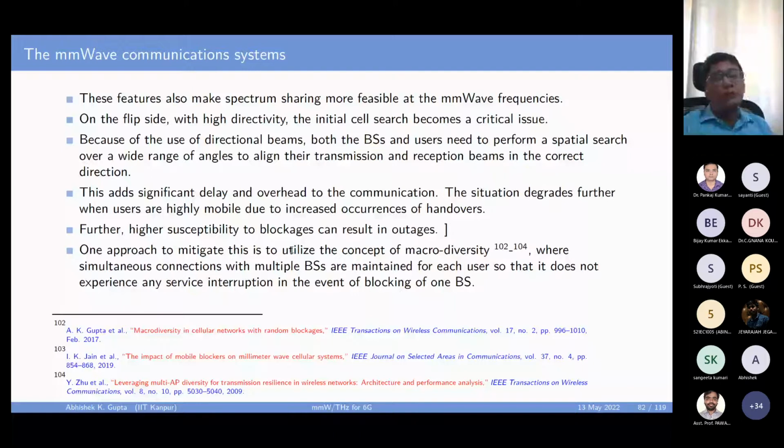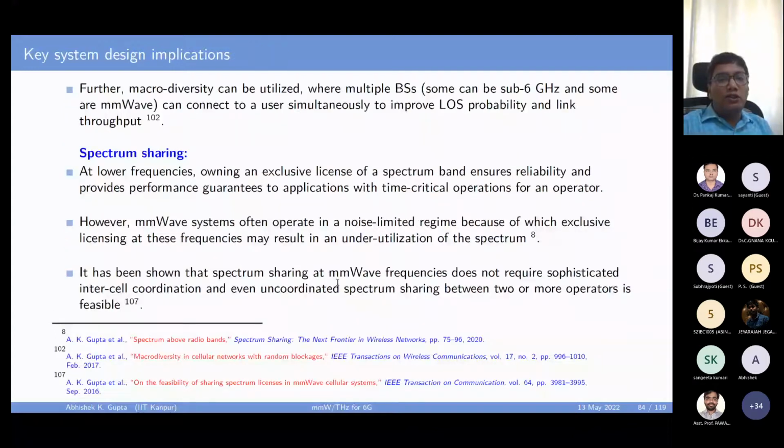Normally, if you want to share the spectrum on the same frequency, you need a lot of coordination. You need to let each of these devices operate only at one time by using some tokens or doing some coordination. But in millimeter wave, because of these highly directional beams, you should be able to use these networks without any coordination.